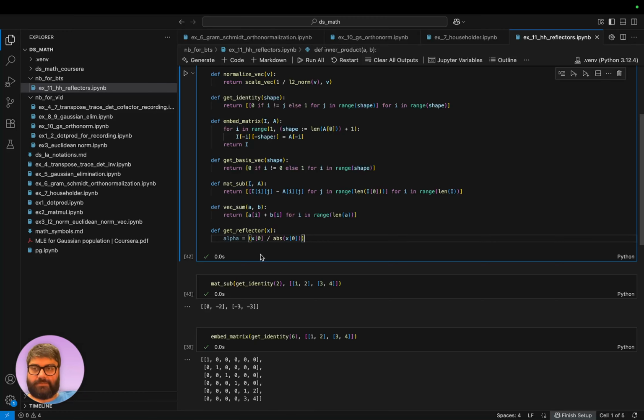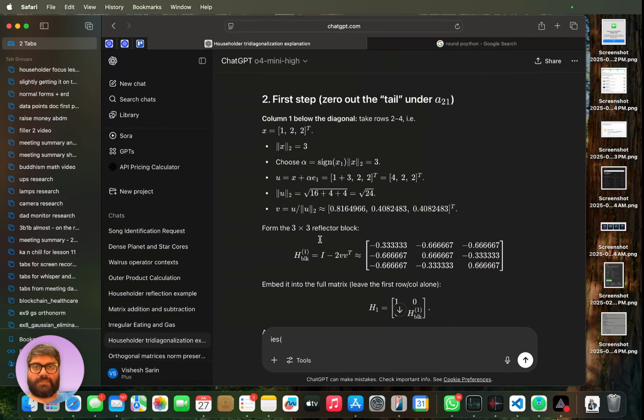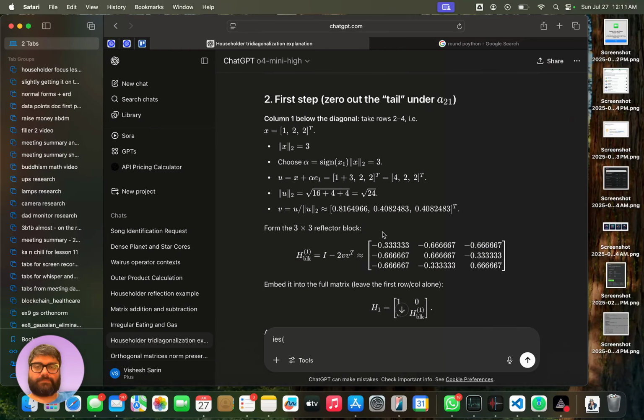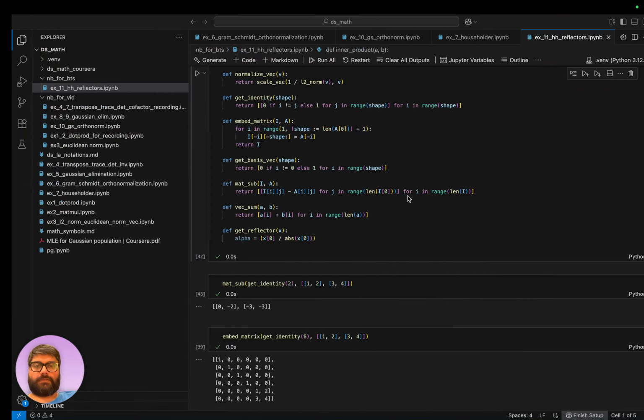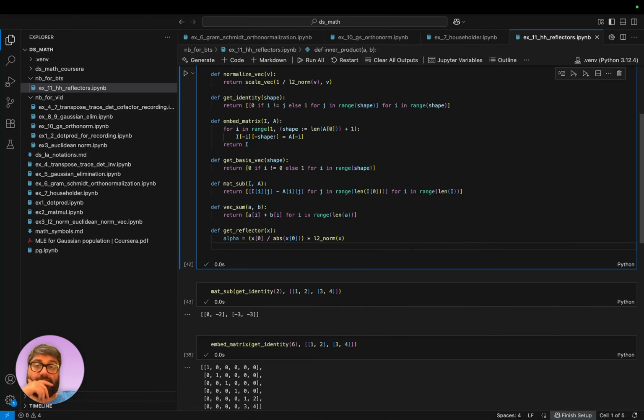Okay, so alpha is this, right? The sign times the L2 norm of x. So that's alpha.